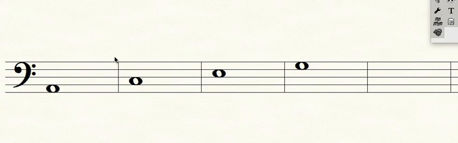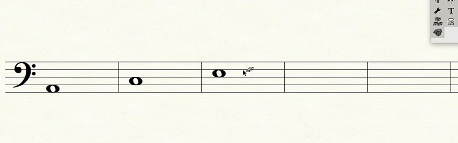Once you get above the staff in ledger lines or below the staff, you're on your own. All cows eat grass is great for these spaces within the staff, but it doesn't tell you anything about the spaces above or below. So these are little shortcuts. They're not perfect, but they help you learn the names of the lines and spaces of the staff.